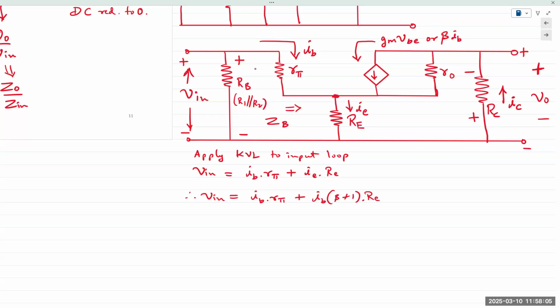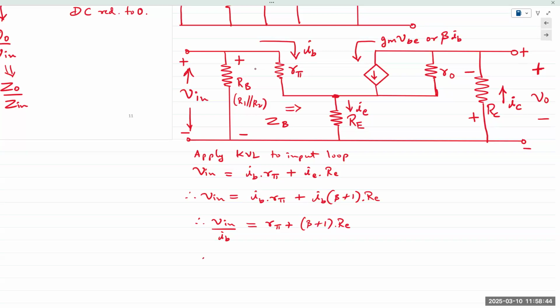So if we take it to the other side, I can write Vin over IB equals r pi plus (beta plus 1) RE. That's the input voltage over the input current, which would be the impedance of the base, ZB.